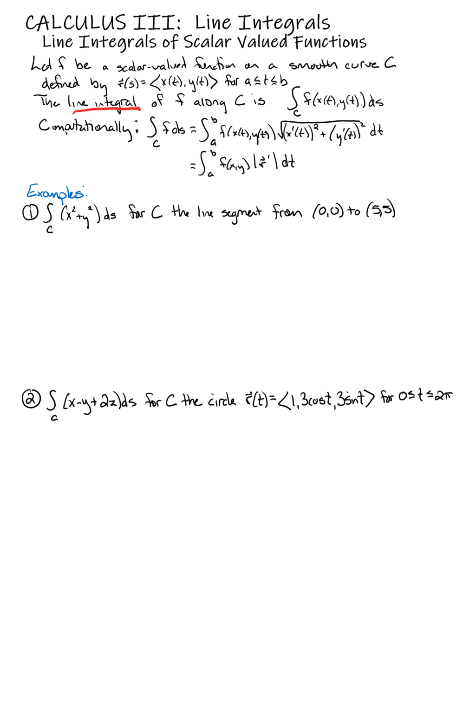Let's try an example. Let's compute this line integral of x squared plus y squared ds for C being the line segment from 0 to 5. All right, so we'll have to begin with r naught, the vector that goes from the origin to the first point 0, 0, so it's the vector 0, 0.